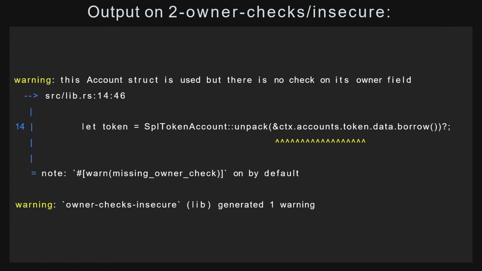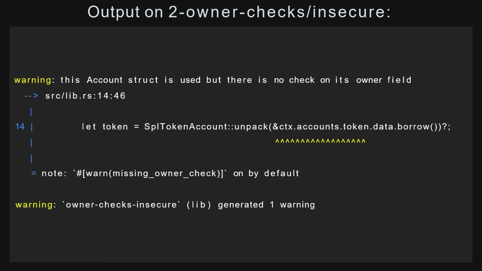By and large, we test the lints with the actual C-level attack code. In a couple of cases, we have to make small modifications in order to get the code to compile, but by and large, we use the actual C-level attack code to test. If you run the lints on the insecure version of the owner check example, you get a warning like this, which should look familiar to you if you're used to seeing Rust compiler or Clippy lints.